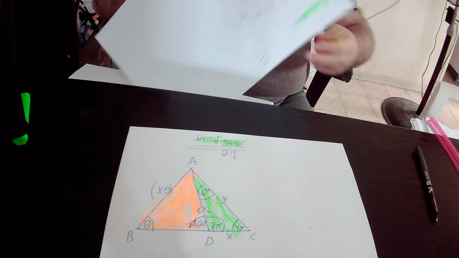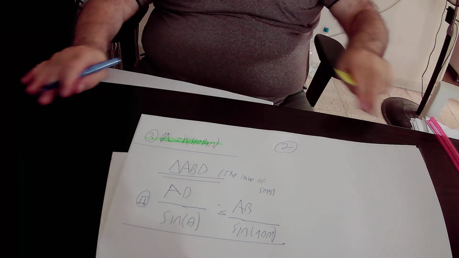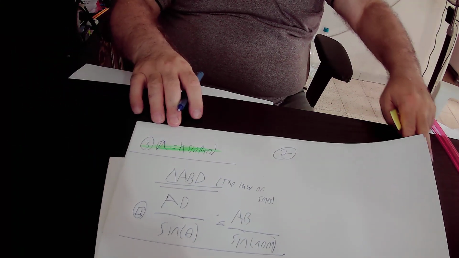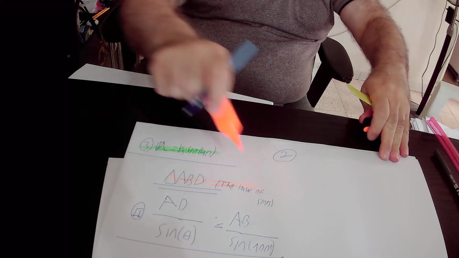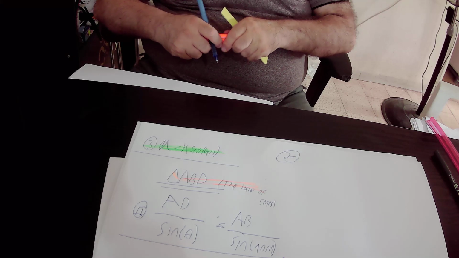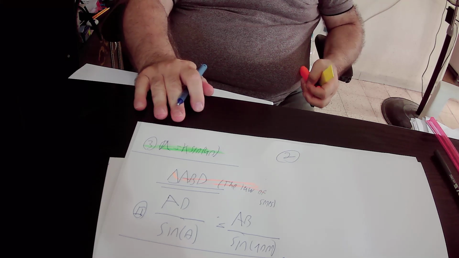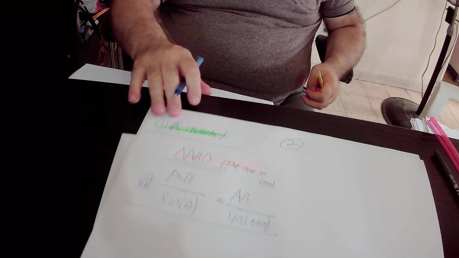I repeat again. In the orange triangle ABD, according to the law of sines, AD over sine theta equals AB over sine 100 degrees.